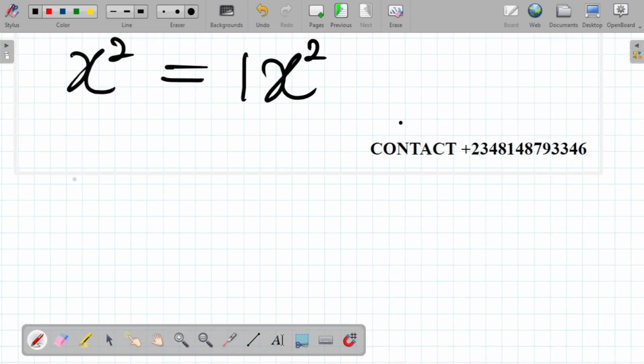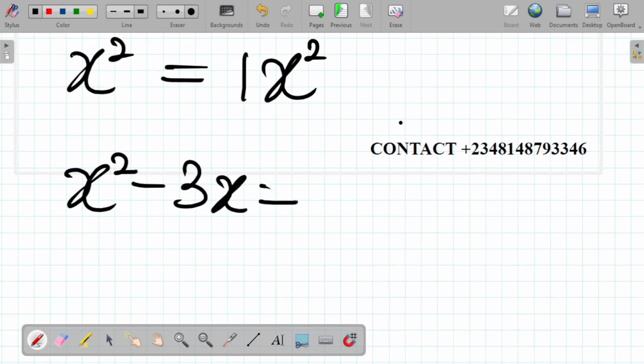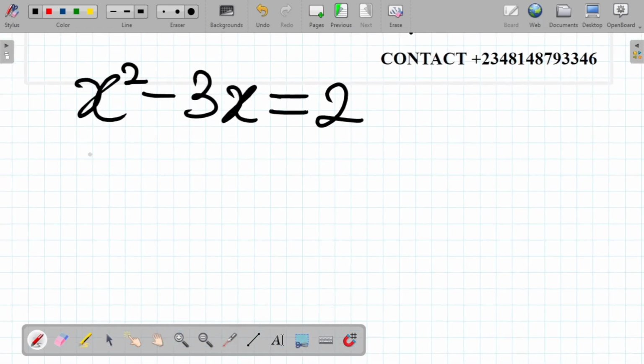So here we have x squared minus 3x is equal to, if you move negative 2 to the right hand side, it becomes positive 2. And then our next task is to multiply the coefficient of x by half and then square the answer.